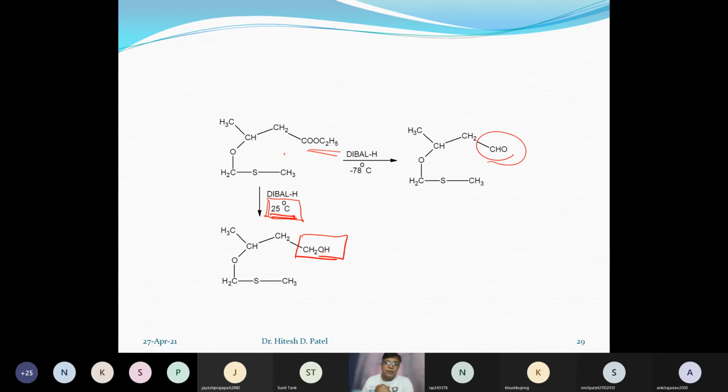So to avoid such problems, when we are working in the lab, temperature plays an important role. Normally temperature plays an important role in any reaction, but here specifically we have to maintain the temperature at minus 78 or minus 60 degrees centigrade. Otherwise, instead of aldehyde we will get alcohol. So temperature is an important criterion when we are using DIBAL-H.